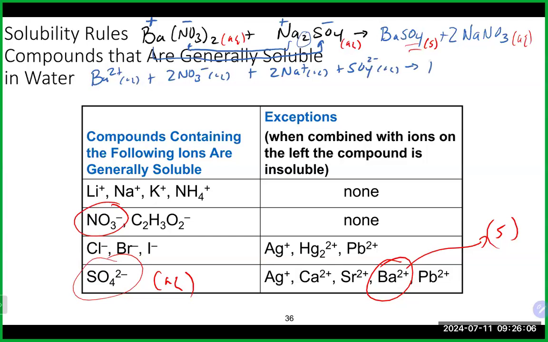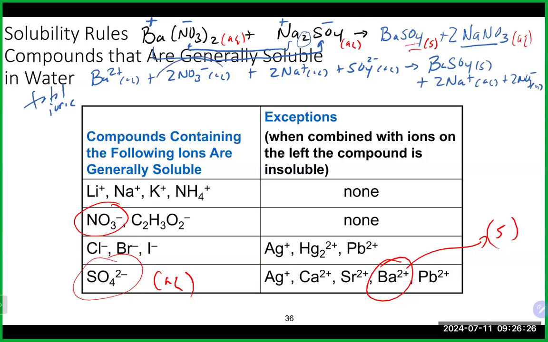We will have our barium sulfate stay together because it is a solid. And again, this is a strong electrolyte, which will break apart. So I'm just going to go underneath because I'm running out of room again. So two sodiums and two nitrates in this case. And this would be our total ionic equation.